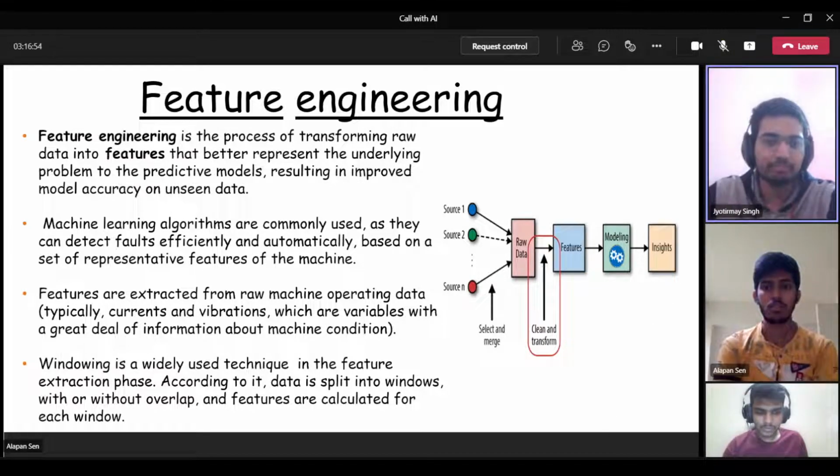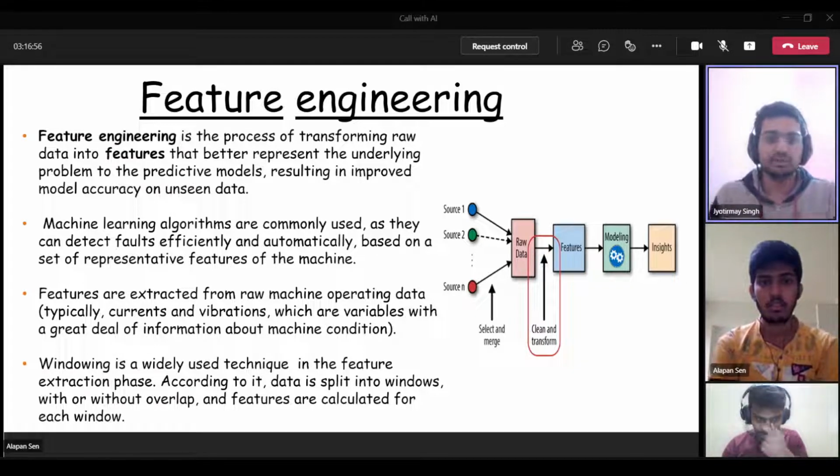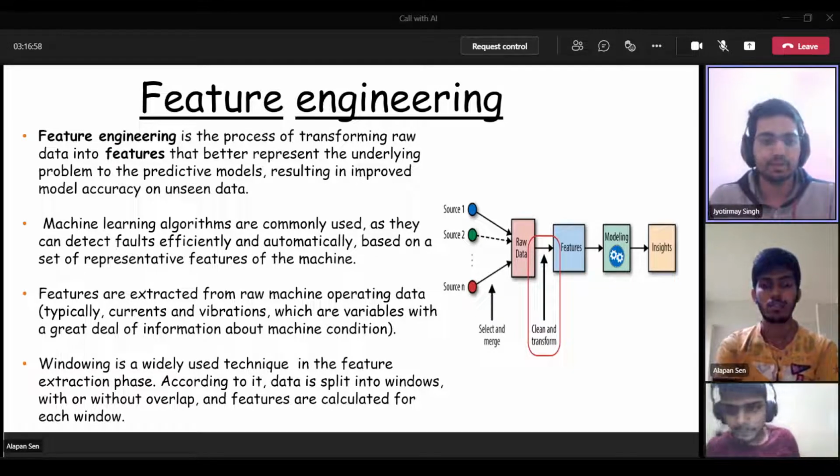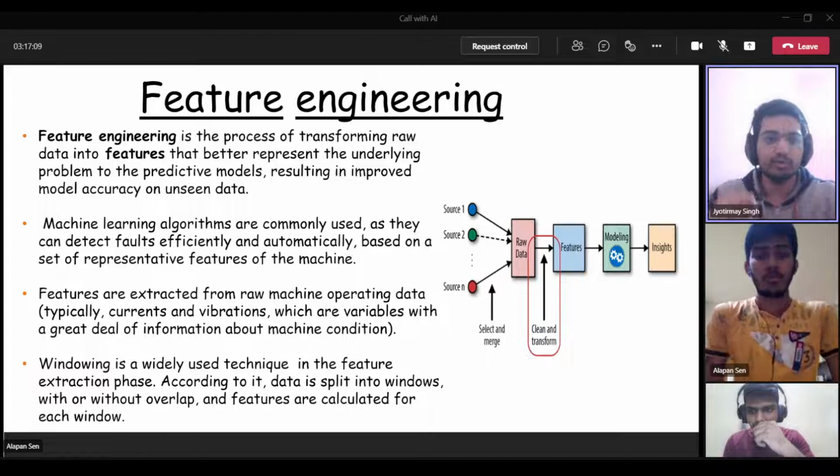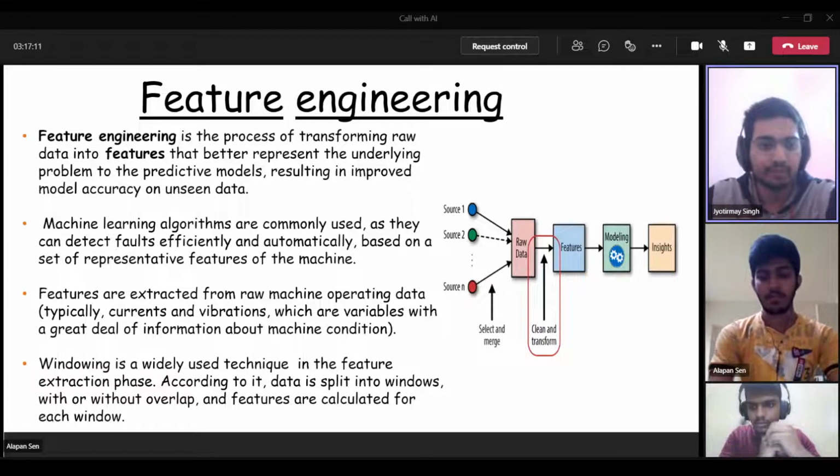Thank you, Ayashkanta. Now we are going to discuss feature engineering. Feature engineering is the process of transforming raw data into features that better represent the underlying problem to the predictive models, resulting in improved model accuracy on unseen data.